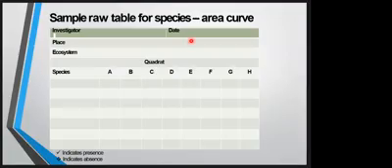So this is a sample raw table for species area curve. So as you can see, you can write the species here. And then we have 2, 4, 6, 8 quadrats in which pila kabuok, no? Only ang imuhang ibutang dari is in your species area curve, you only have to indicate check or maybe asterisk.